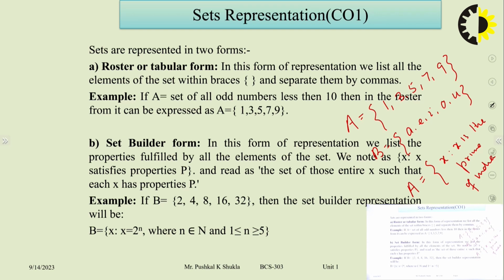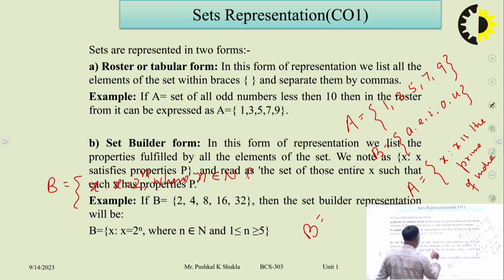Another example: if B equals 2, 4, 8, 16 and 32, then the set builder representation is B equals X such that X equals 2 to the power n, where n is an element of N and n lies between 1 and 5, that is 1 and equal to 5.